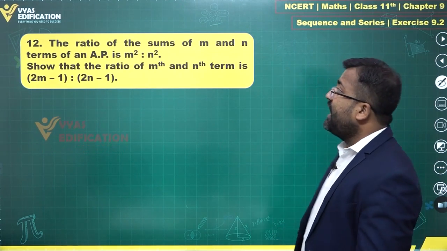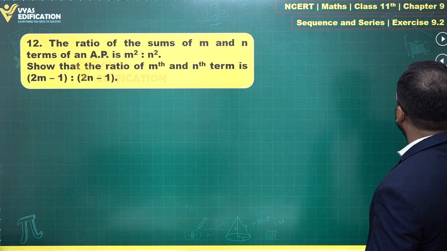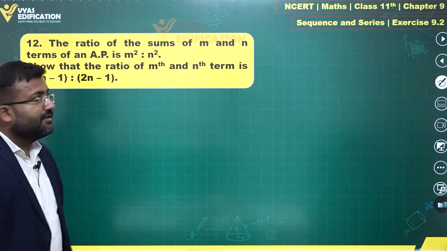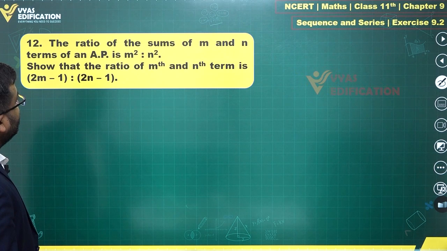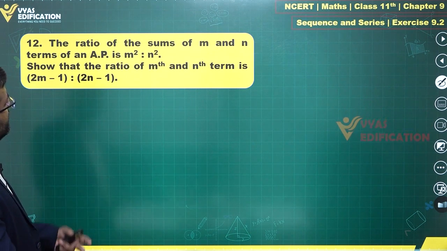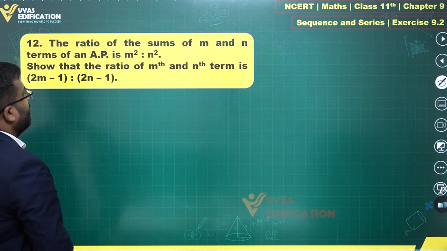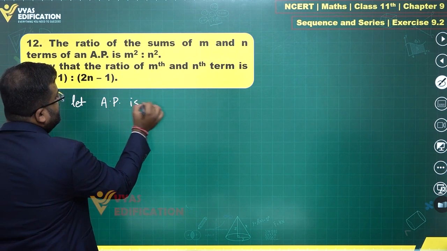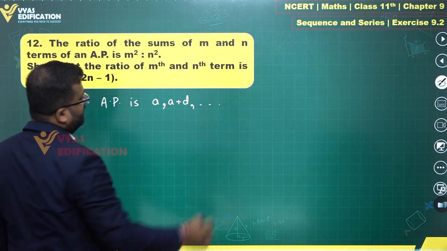In the 12th question, we have the ratio of the sums of m and n terms of an AP is this. Show that the ratio of the mth and nth term is this. We are looking at one particular AP, right? So let the AP be A, A plus D and so on.